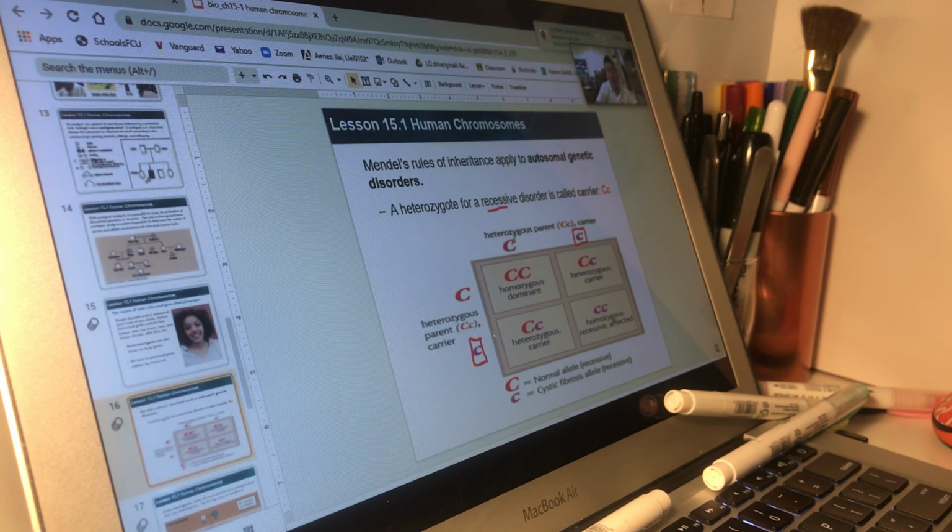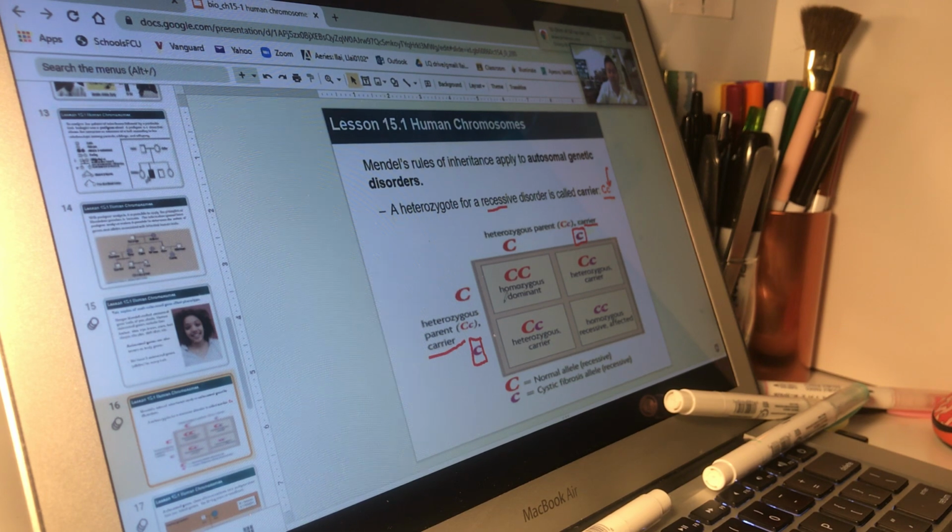Does mom have the disease and does dad have the disease? No, they're both carriers. A carrier is a person that is heterozygous, but this recessive disorder is in the small c. So mom has it, dad has it. They're both heterozygous. They're carriers. So therefore, they don't have it. But let's see what happens when they have kids.